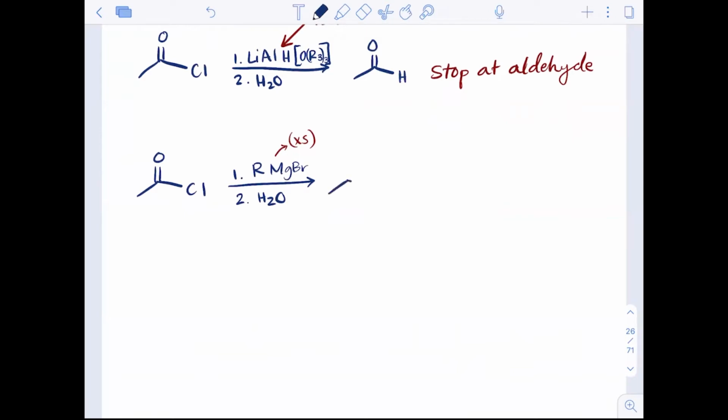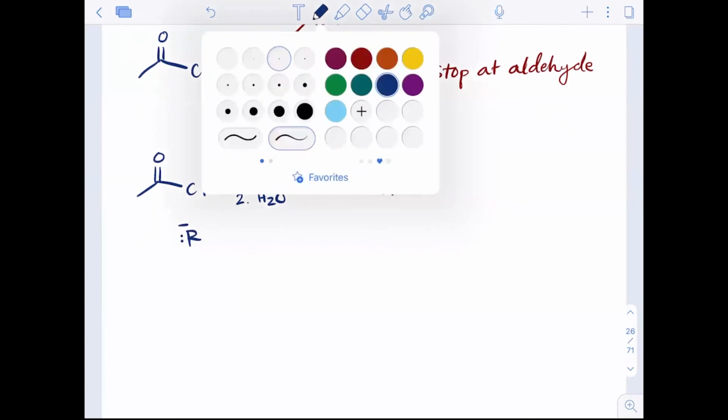And what happens is we do form alcohols and we add 2 equivalents of Grignard reagent to our final product. Let's go through that mechanism. Again, a Grignard is going to be a carbon nucleophile.